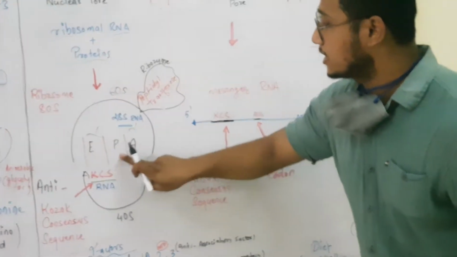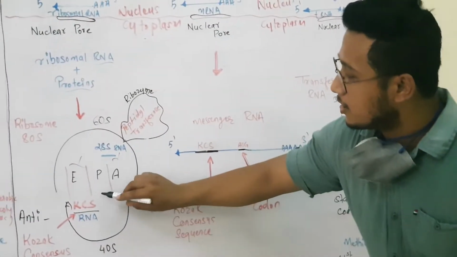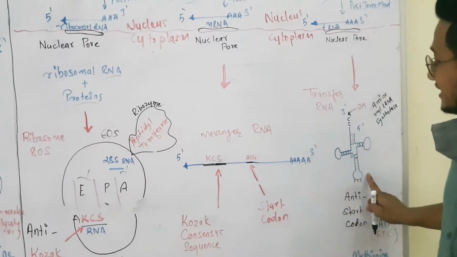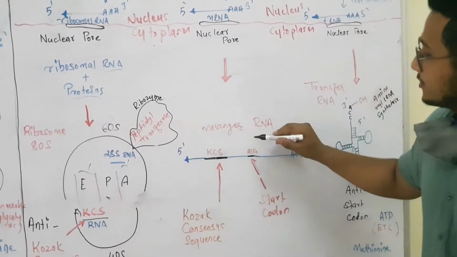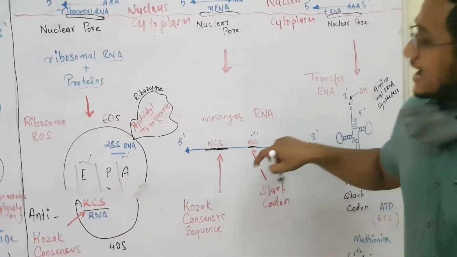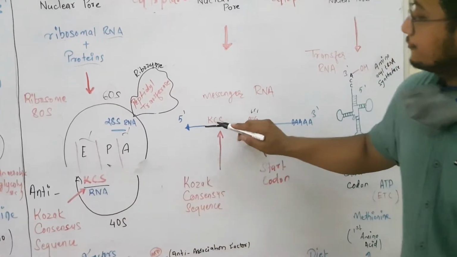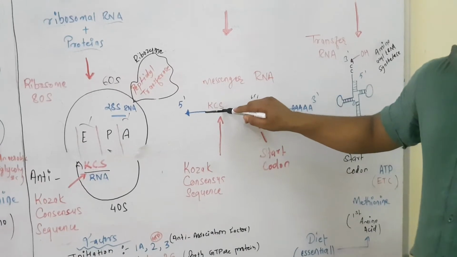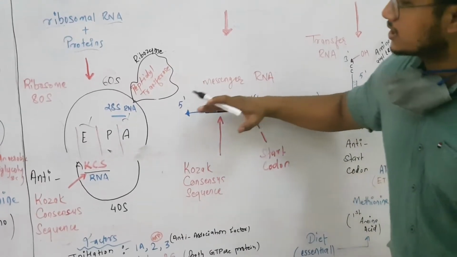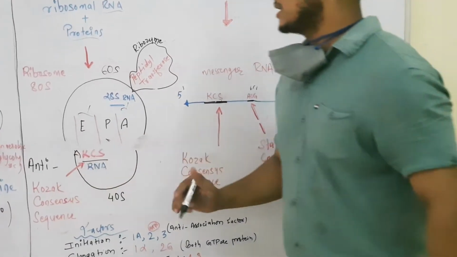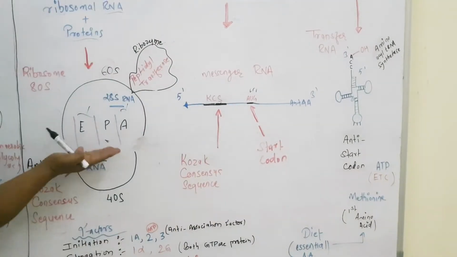This loaded tRNA will go and sit here, and because of the anti-start codon in tRNA, which can base pair with the start codon, as well as the anti-Kozak consensus sequence, which can base pair with the Kozak consensus sequence in the mRNA, the mRNA will rush over to this small subunit where they can base pair.